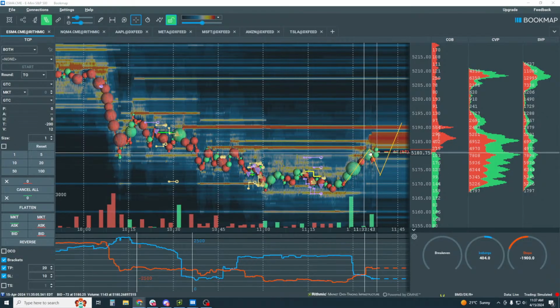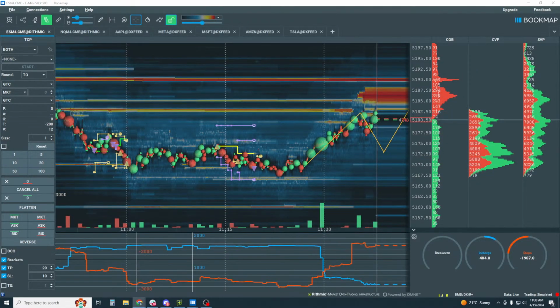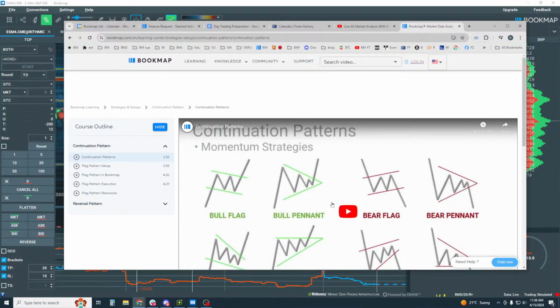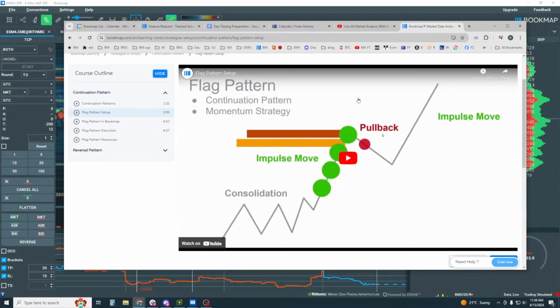I'm looking for some other version of it, and that's why it's so important to understand that within this continuation pattern there are many different variations. This is the classic one here.